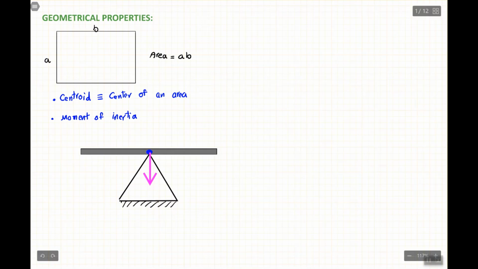This ruler is balanced at this point, and we can call this point the center of mass. That's the idea behind center of mass.